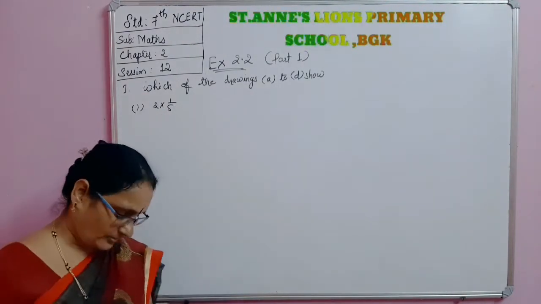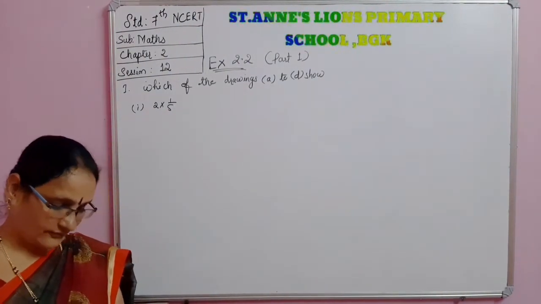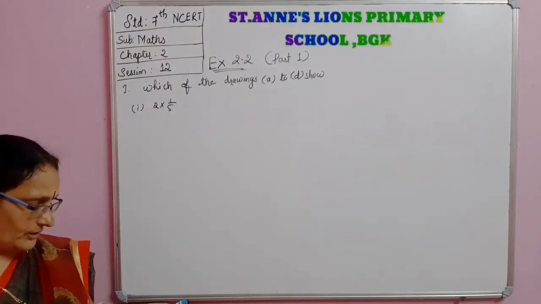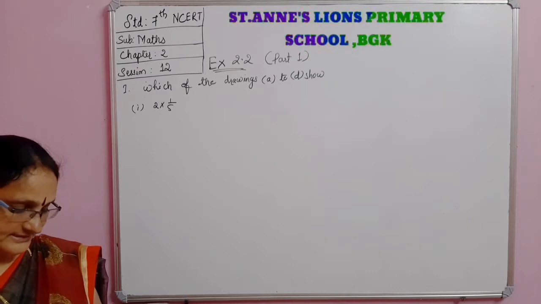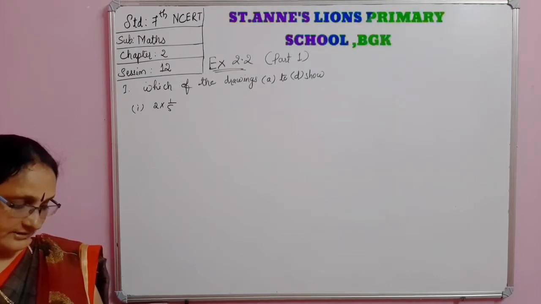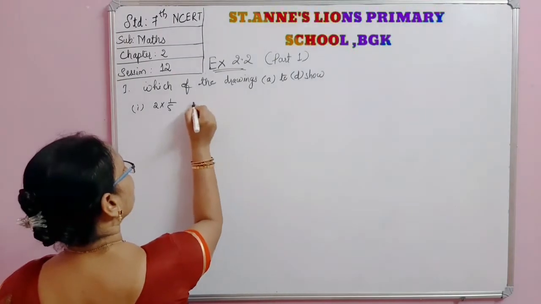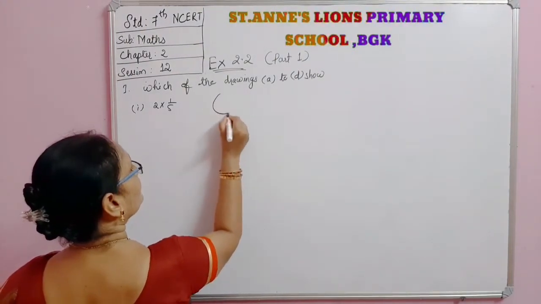Here A, B, C, D, 4 figures are given. Which one shows 2 into 1 by 5? I think it is D. Look for 1 by 5, which one it is? The answer is D. That means you have to draw here.